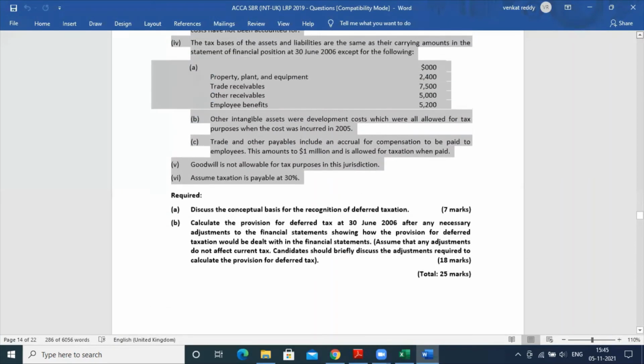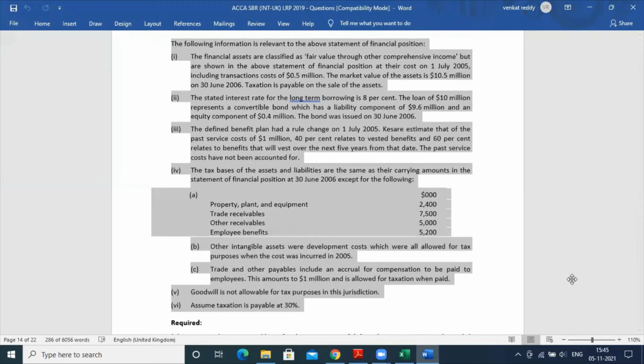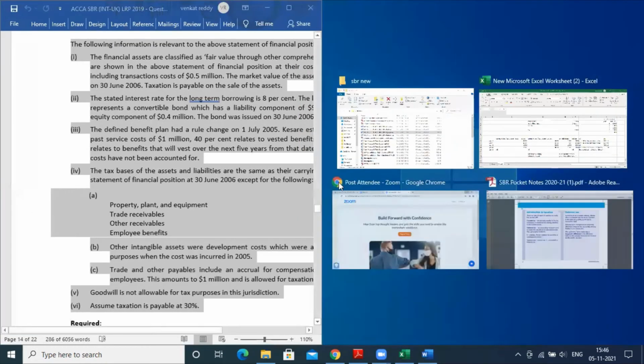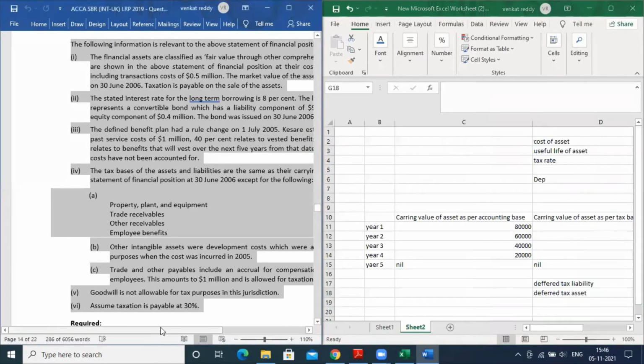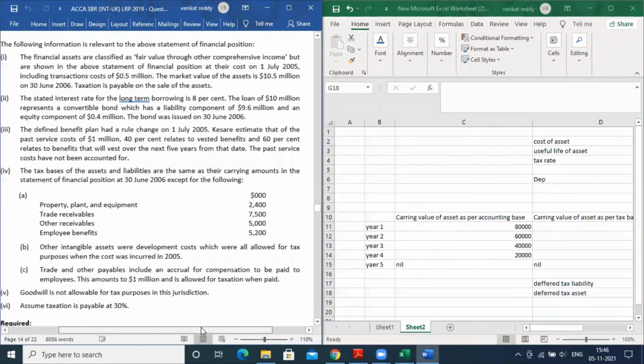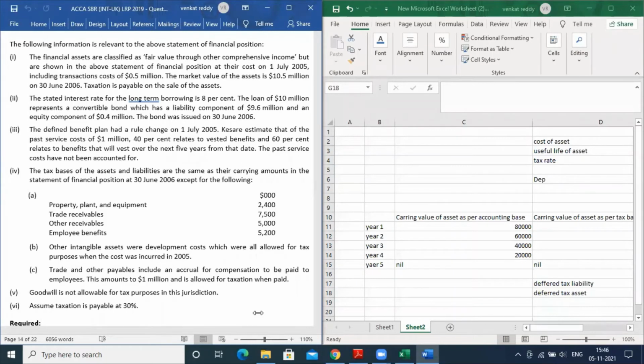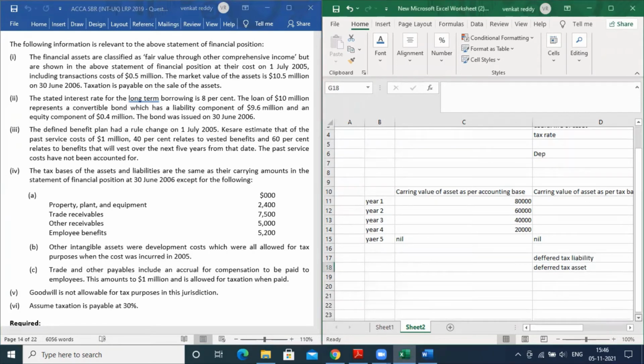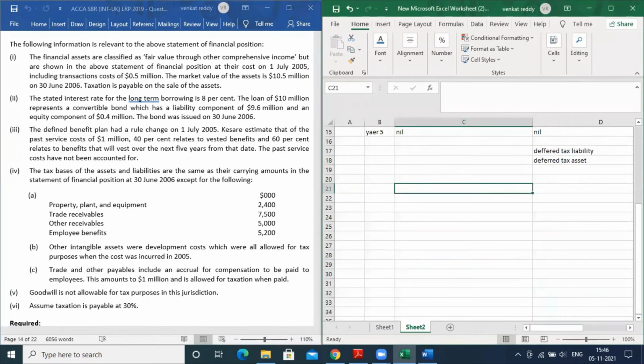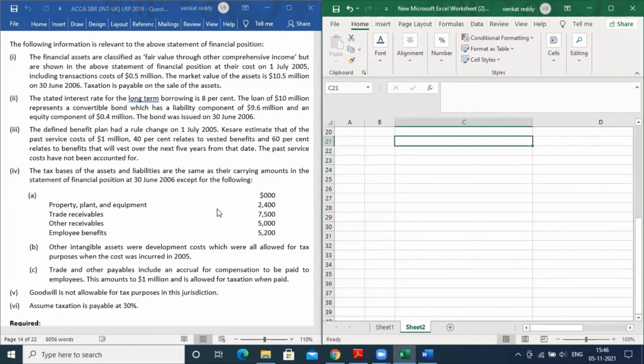So I will be explaining it in Excel sheet. So here the requirement is computation of provision for deferred tax as on 30th June 2006.